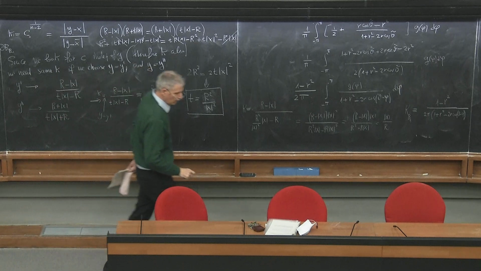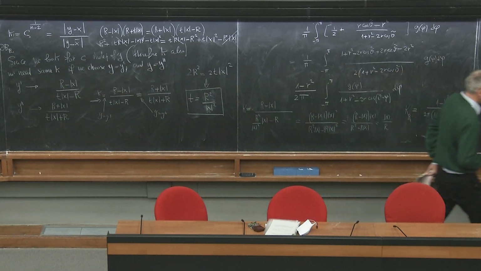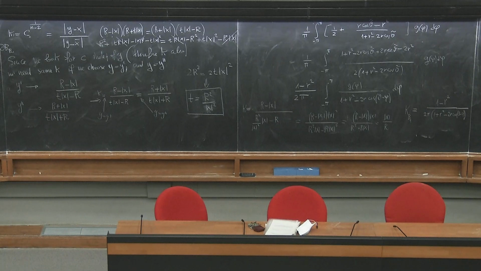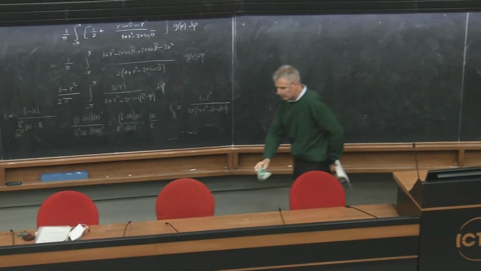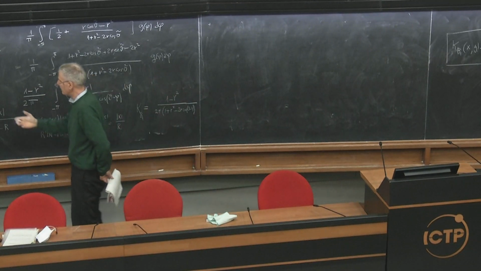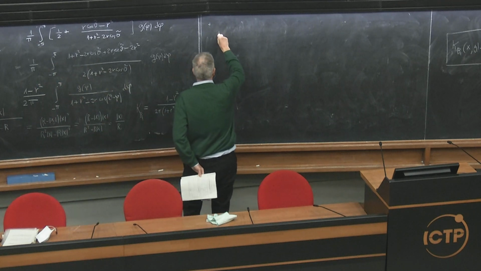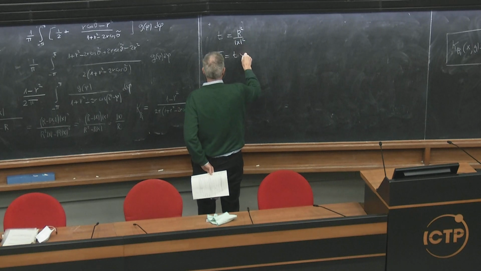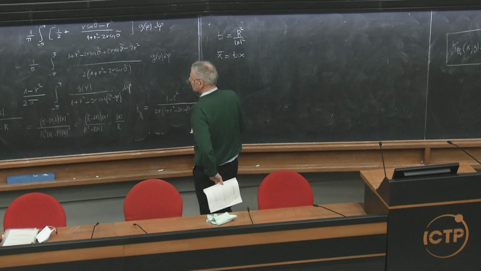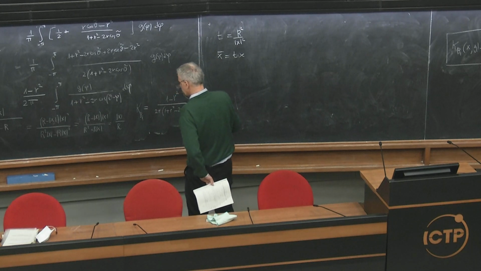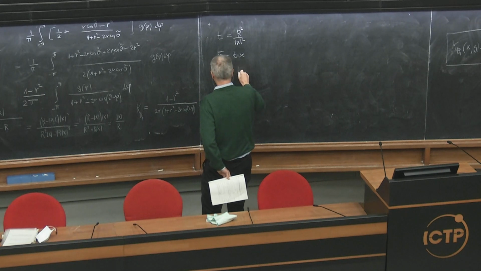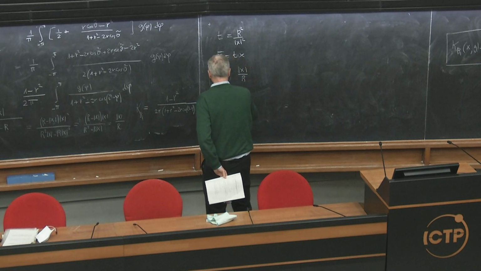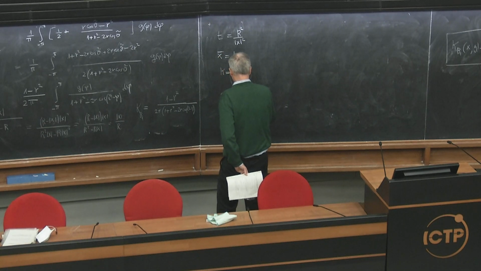So at the end of this sort of guess, which is not a proof, just a guess for the moment, we deduce that if the claim is correct, necessarily t must be r squared divided by x squared, x bar is tx, and k is equal to x over r, and therefore C is x over r to the n.